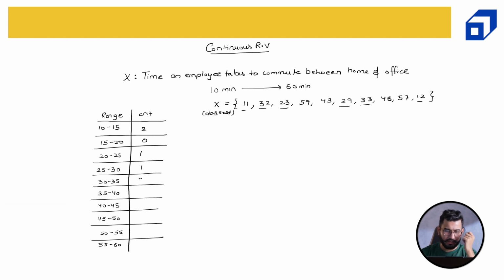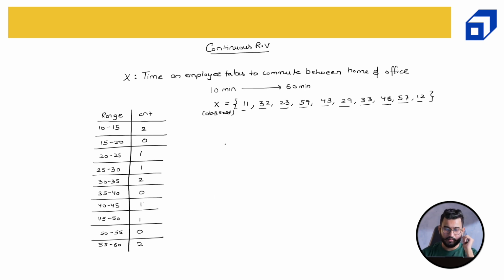Ignore it if I'm doing something wrong, because I'm just trying to quickly fill this table. 35 to 40, 0. 40 to 45, one value over here, so 1. 45 to 50, one value over here. 50 to 55, I don't see a value. 55 to 60, one value over here, one value over here, so two values.